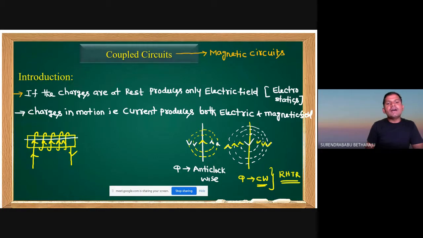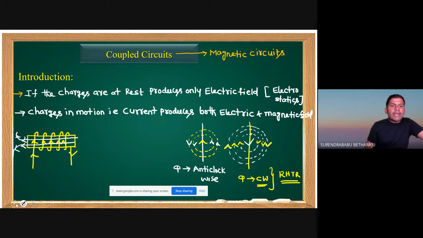Okay, this is the direction of the flux. The flux lines are moving like this. That means the direction of flux is determined by using the right hand thumb rule.